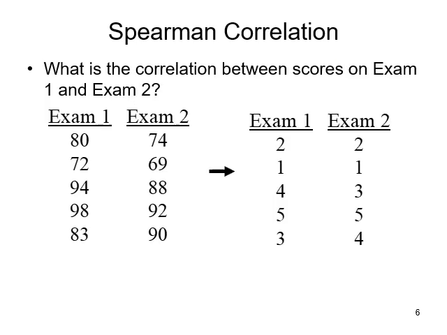So the first thing that we need to do is convert the scores, if that's what we're doing. For example, let's say I want to correlate exam 1 versus exam 2. Continuous data, it basically ranges from a score of 0 to 100, and I have the person's scores on exam 1 and exam 2, and I have 5 participants. What I'm going to do is change their scores to rank order.